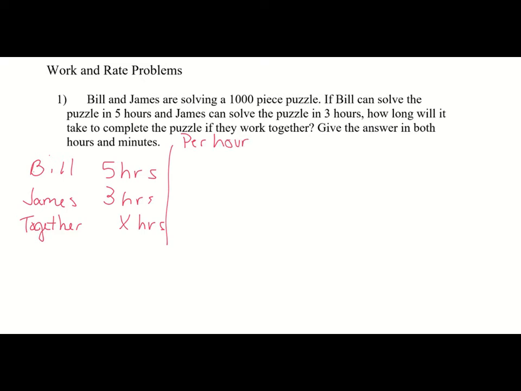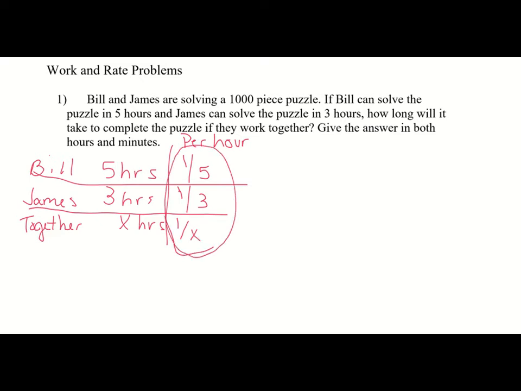If it takes Bill 5 hours to solve one puzzle, per hour he can do 1/5 of the puzzle. James, if it takes him 3 hours to work on the whole puzzle, per hour he can do 1/3 of the puzzle. And together, if it takes them X hours, they can do 1/x of the puzzle.